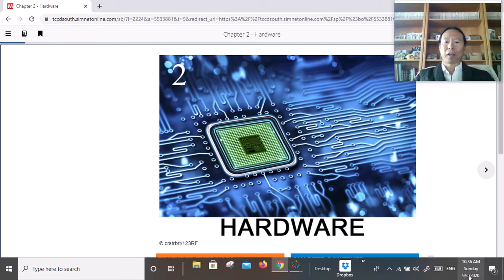Okay? I think we have enough idea about hardware. I can add a little bit more about hardware. Some people like to buy a notebook. Other people may want to have a desktop computer to put on their desk. Notebook is portable. That's good.